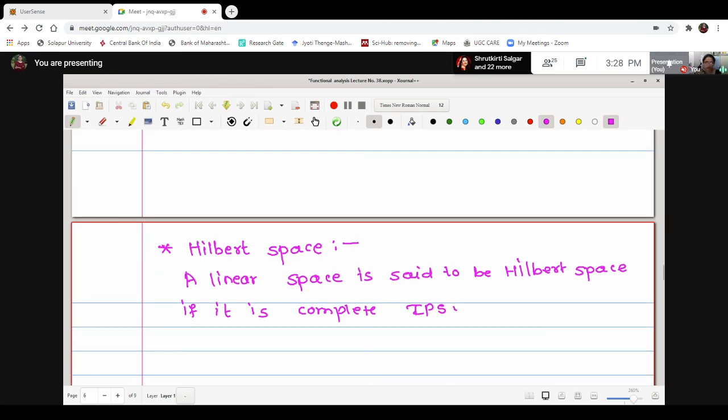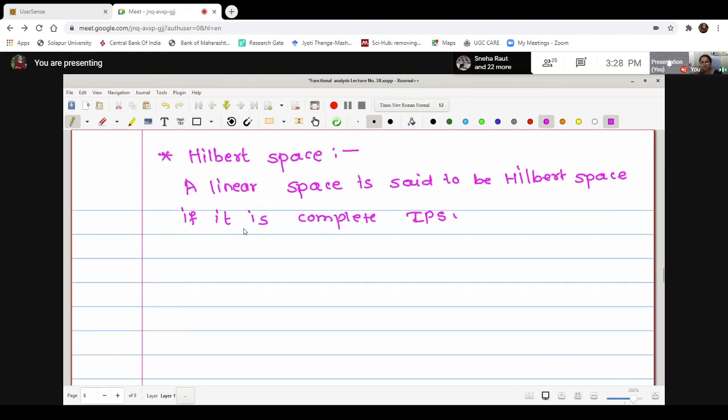Now we will see some basic inequalities or properties satisfied by Hilbert spaces. The first property is to understand the relation between norm and inner product. We are going to derive the relation between norm and inner product very similar to the relation between dot product and modulus. What is the relation between dot product and modulus? Can anyone tell me?